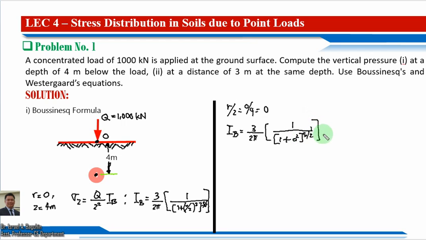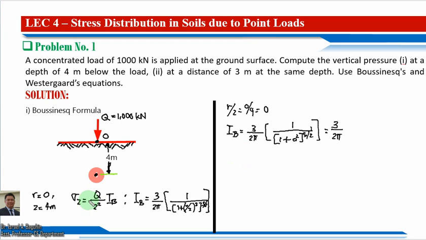So this would be equal to just 3 over 2 pi. So this quantity will be equal to 1, so this will just equal to 3 over 2 pi.